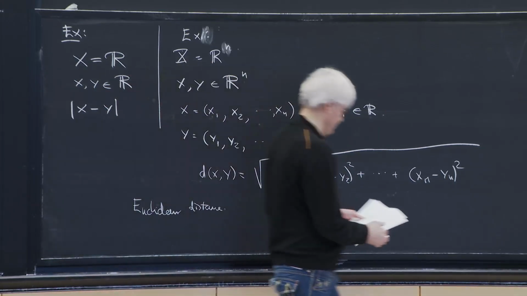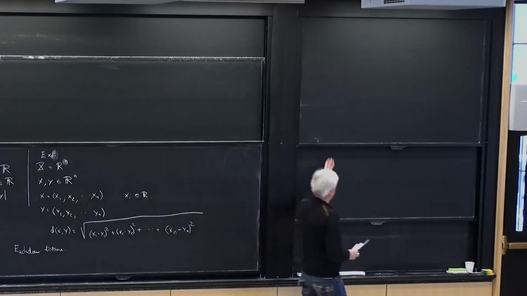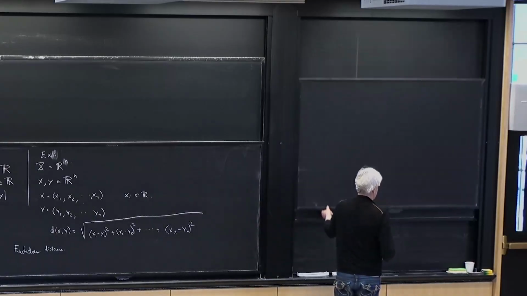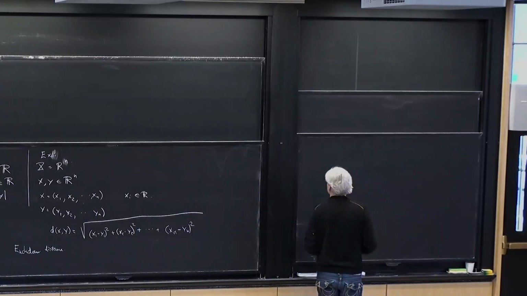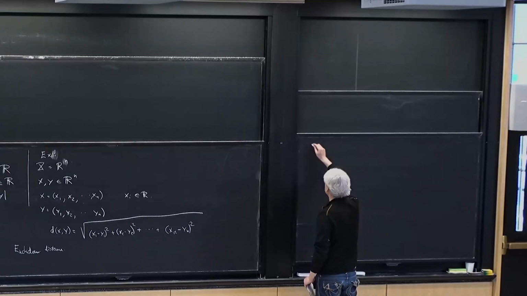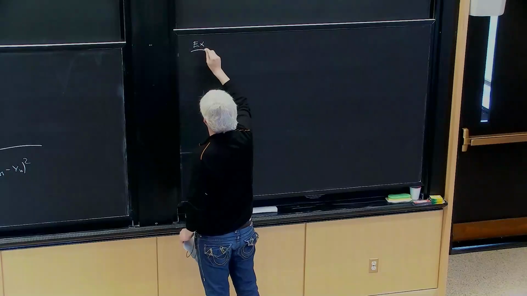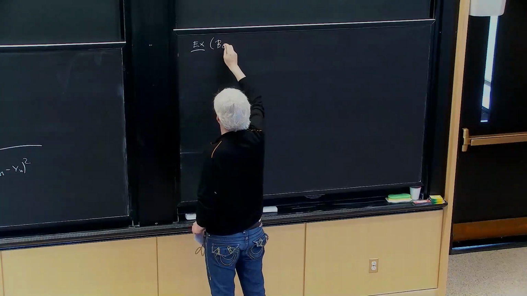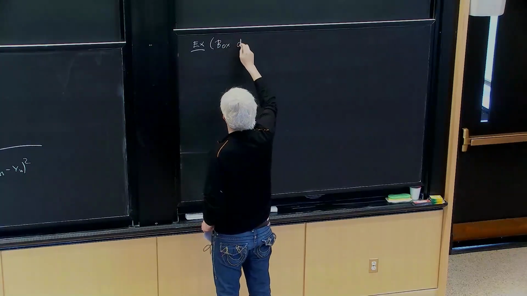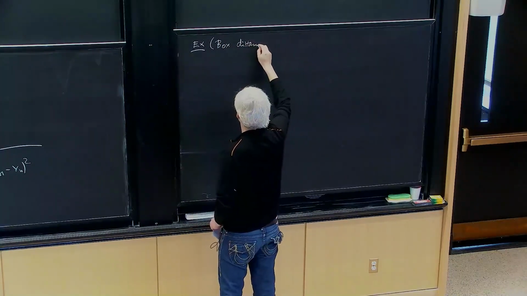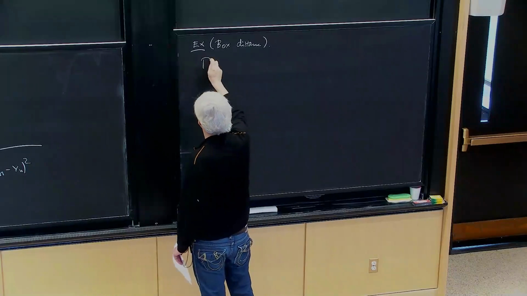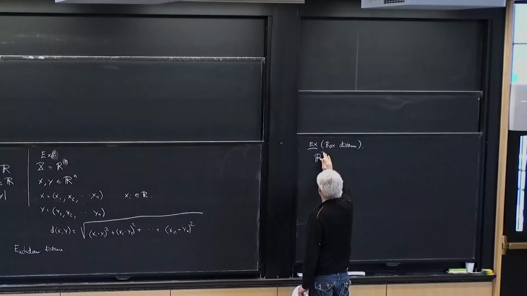So, we looked at a few other examples, and I won't look at all of them again, but just two more. One is the box distance. And let me state it only in R2, but just like this, you could state it in any Rn.